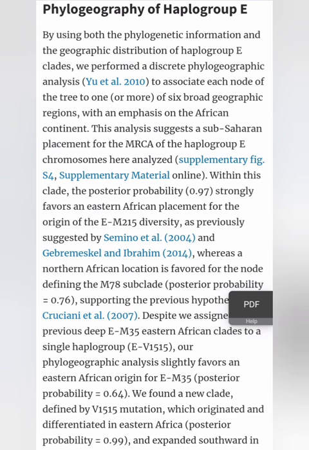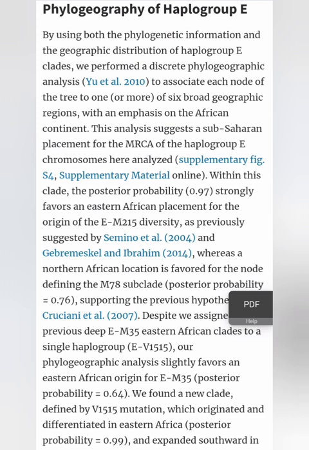Cruciani. Despite we assigned most previous deep EM35 Eastern African clades to a single haplogroup, EV1515, our phylogeographic analysis slightly favors an Eastern African origin for EM35.